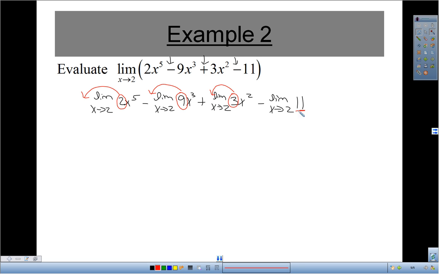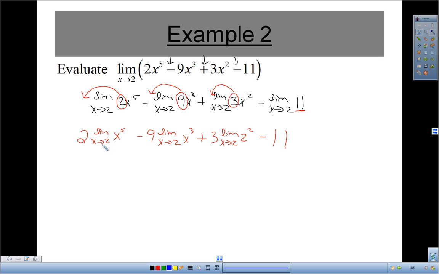But this is a constant, and if you remember the properties of limits, the limit of a constant is just that constant. So I'm going to have 2 times the limit as x approaches 2 of x to the 5th, minus 9 times the limit as x approaches 2 of x cubed, plus 3 times the limit as x approaches 2 of x squared, minus 11, because the limit as x approaches 2 of 11 is 11.